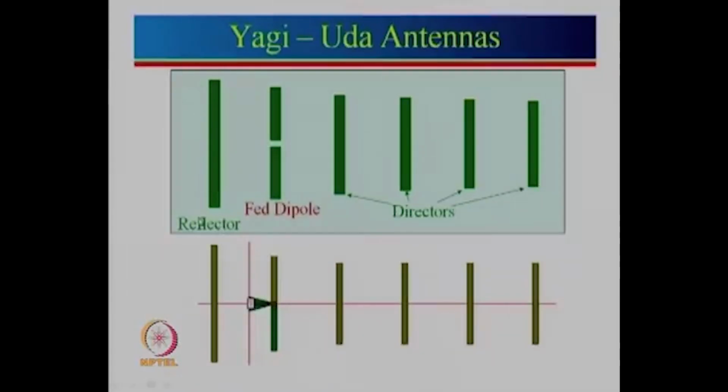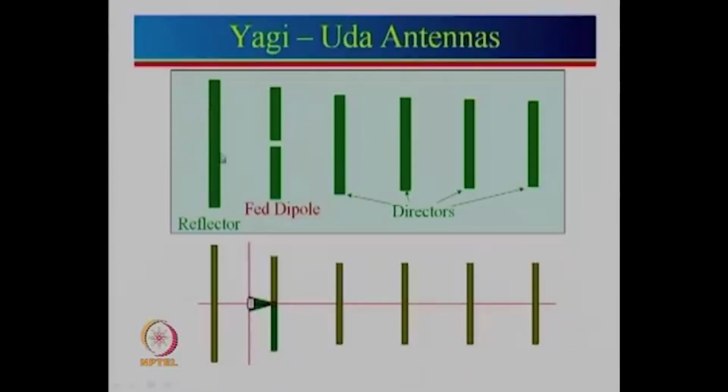You can see that it is not a very large reflector, it is slightly larger than the fed dipole. Typically a fed dipole should be approximately equal to lambda by 2, but when we talk about the dipole antenna, we will see that this length should be slightly less than lambda by 2, and the reflector is taken slightly larger than the fed dipole.